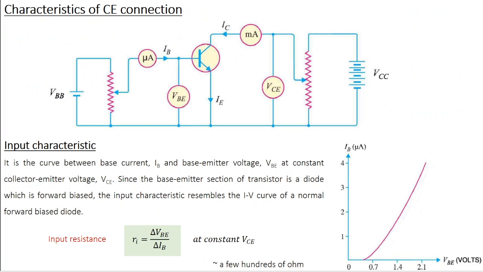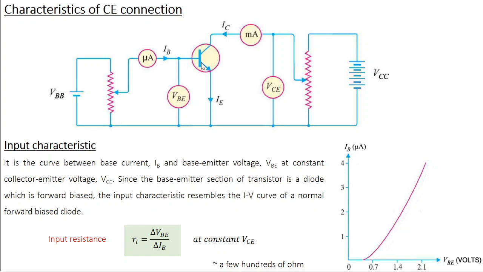So let's now try to analyze the common emitter connection in more detail. Let's try to understand its current voltage characteristics. Okay, so we have done this analysis in the case of a diode. So basically you vary the voltage across a transistor and monitor the behavior of the current, right?